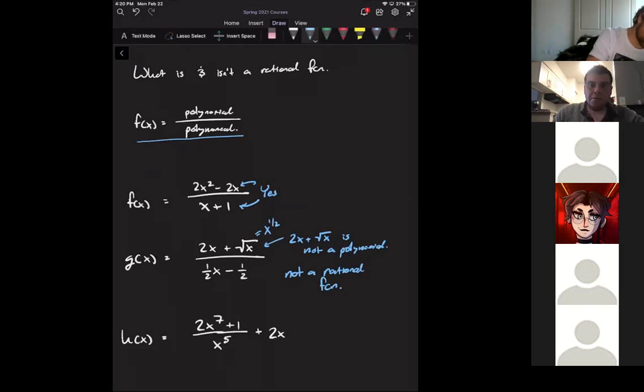All right, and let's do the final one, h of x now. So again, thumbs up if you think it is a rational function, and clapping if you think it is not a rational function.